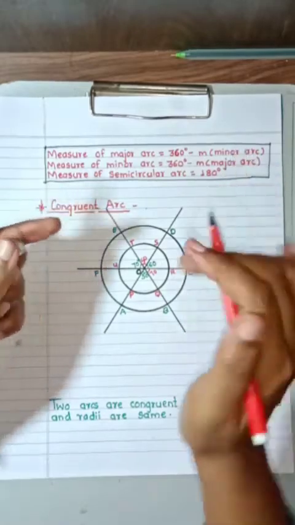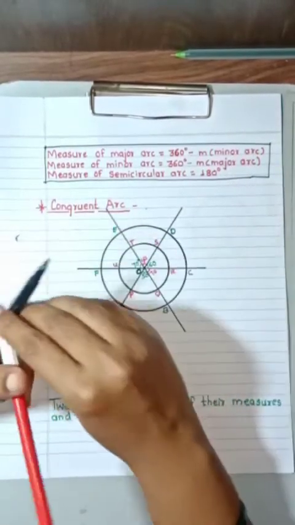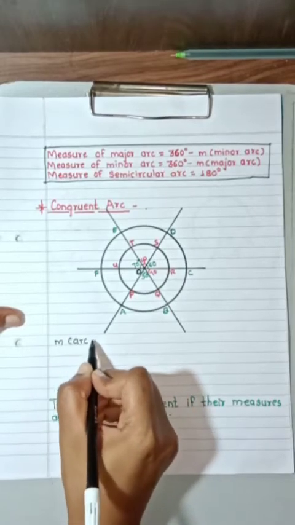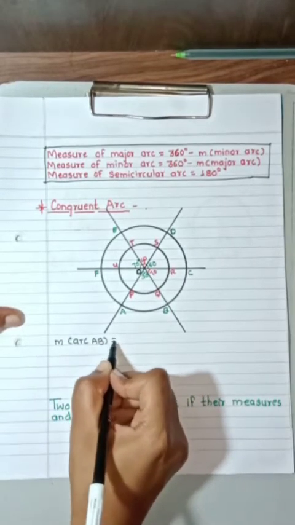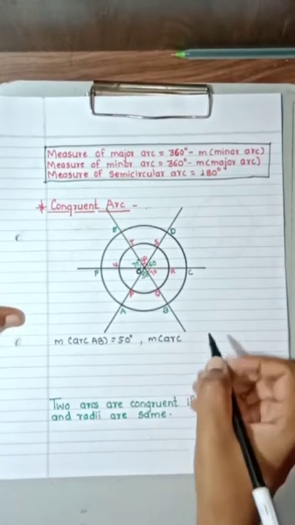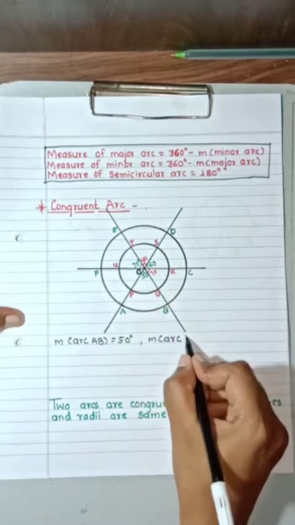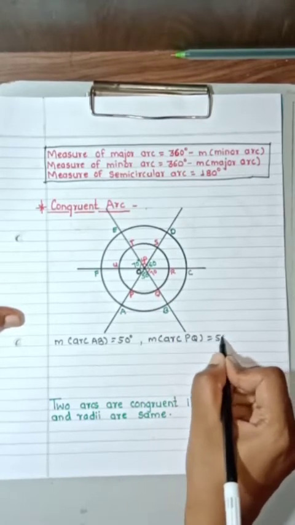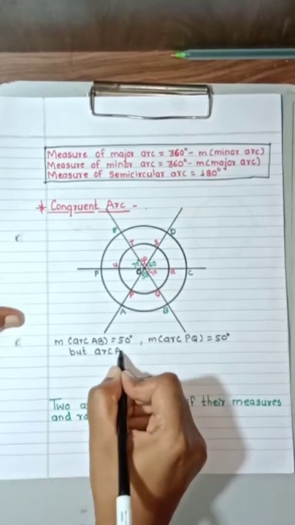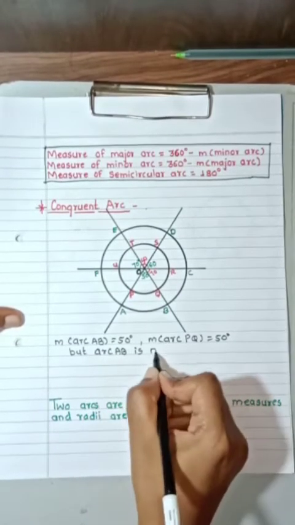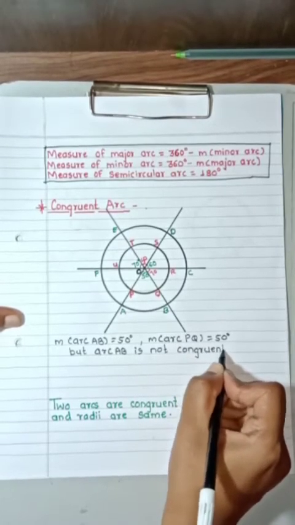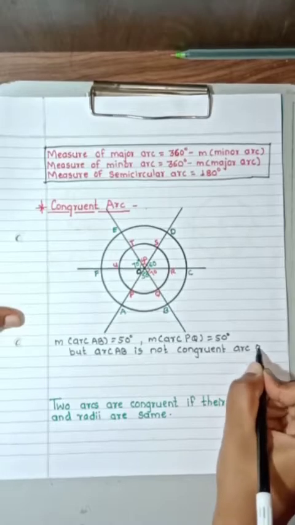I hope it is clear till here, and just for your information I'll write it down here. Now see, the measurement of arc AB is equal to 50 degrees. The measurement of arc PQ is also 50 degrees, but arc AB is not congruent to arc PQ.